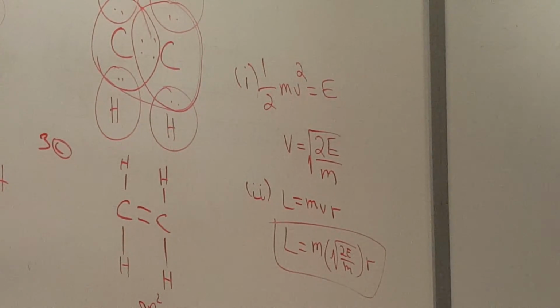This is not a sprint, this is a marathon. 30 plus 20 is 50. 50 plus 25 is 75.